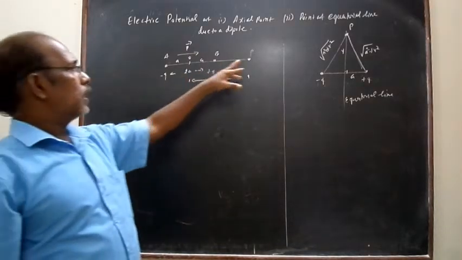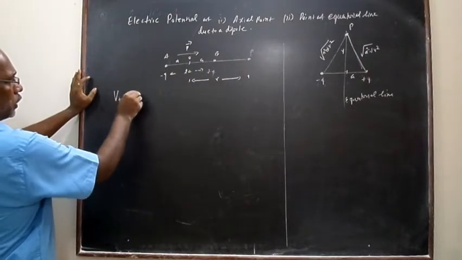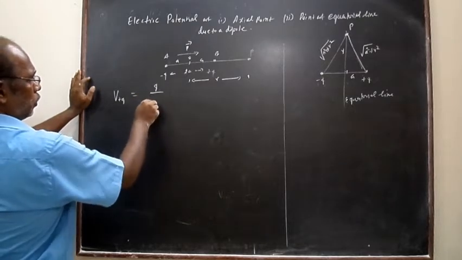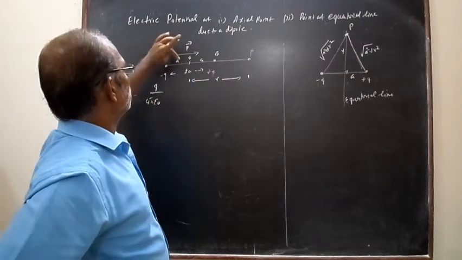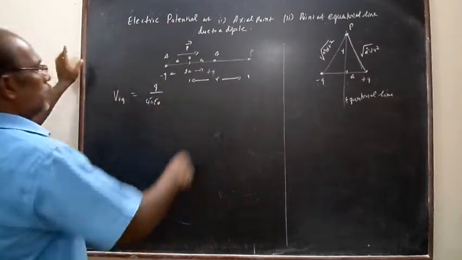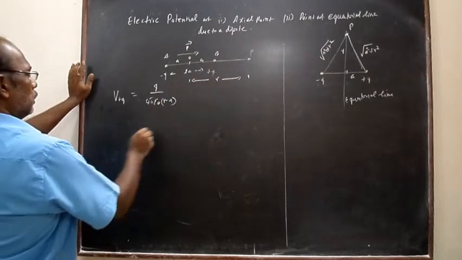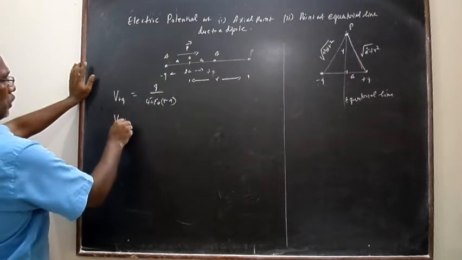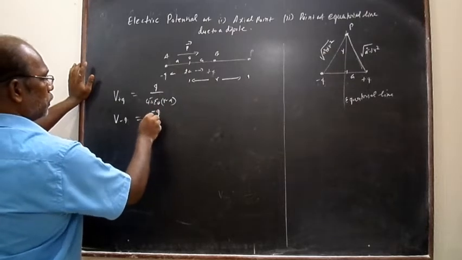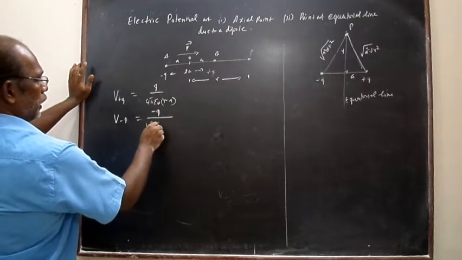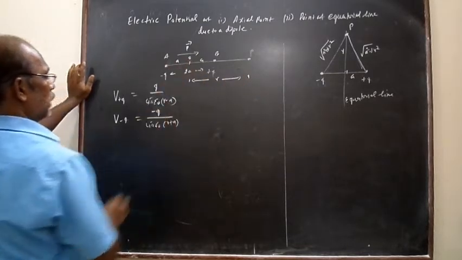So the potential at P due to plus Q is Q by 4 pi epsilon naught times the distance of P from the point of plus Q, which is r minus a. And the potential due to minus Q at the same point P is minus Q by 4 pi epsilon naught times r plus a, the additional distance a.